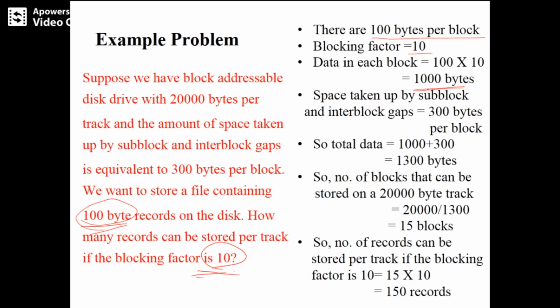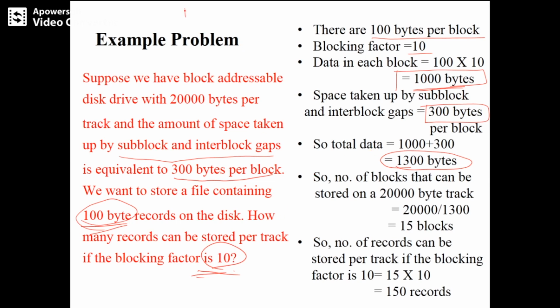The data in each block is 1000 bytes. The space taken up by subblocks and interblock gap is 300 bytes per block, which is already given. So how can we calculate the total? In the block we have 1000 bytes of data and 300 bytes of non-data, so adding them we get 1300 bytes in total.